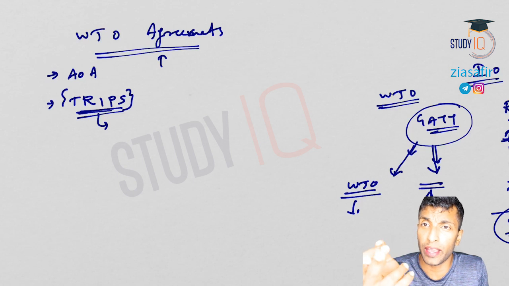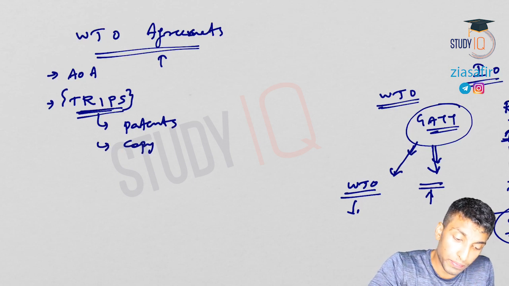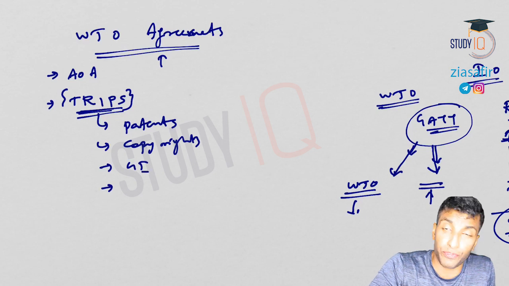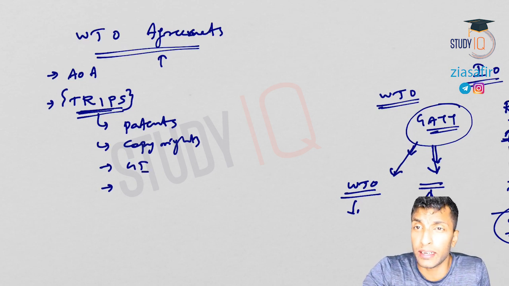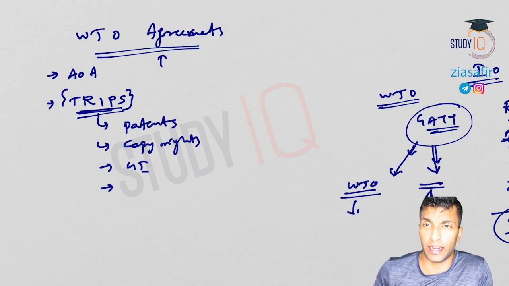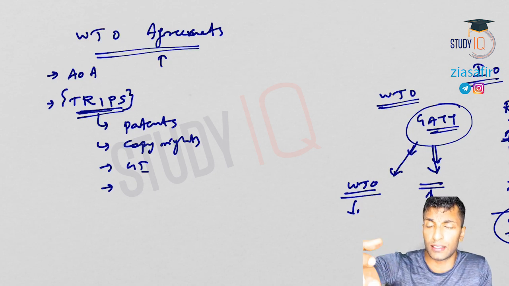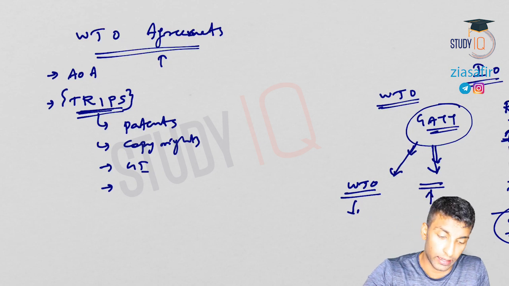Patents, copyrights, geographical indicators, trademarks, trade secrets, industrial designs, and the layout of integrated circuits. Layout of integrated circuits means the transistors, capacitors, resistors, etc., and the connections between them. That's what we mean by layout of integrated circuits.